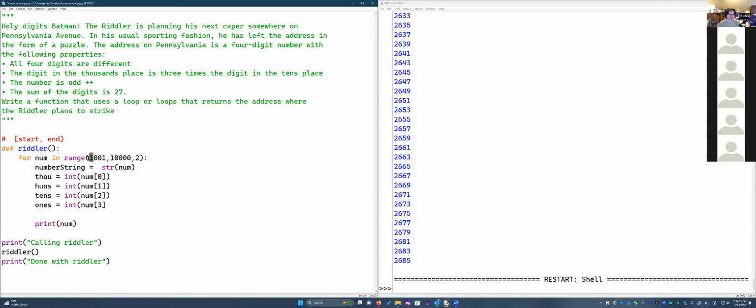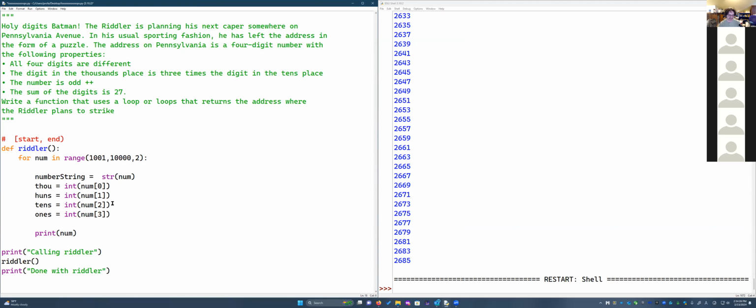Index 0, index 1, index 2, index 3, but you have to convert it into a string in order to do it like that. But that's a rather lopsided and weird way to do that. So I'm just going to comment it out. That's not how I want to do that.